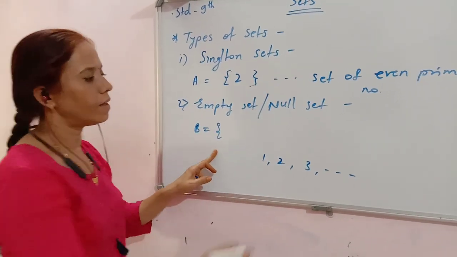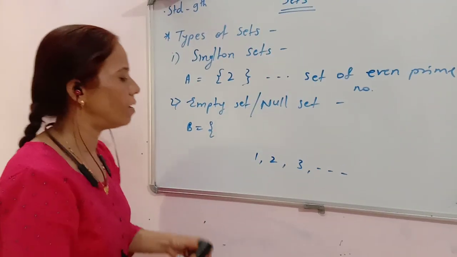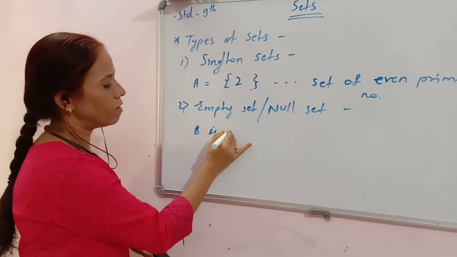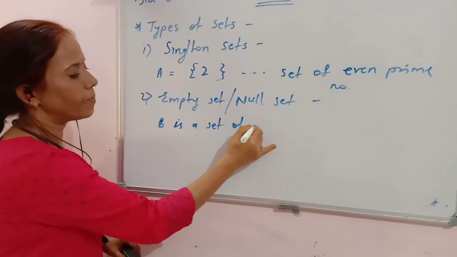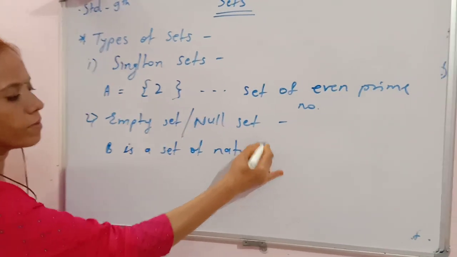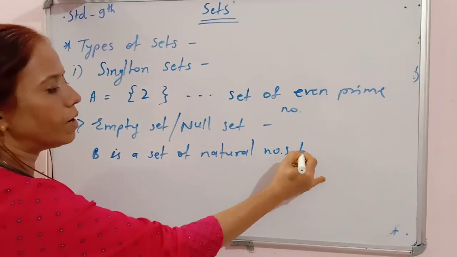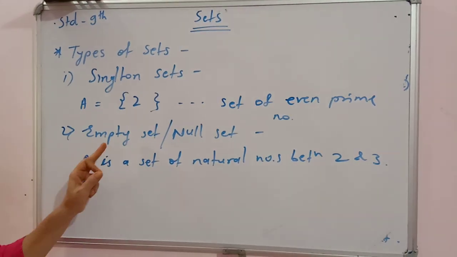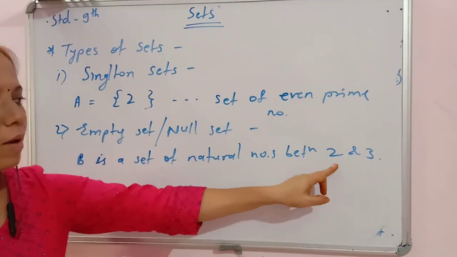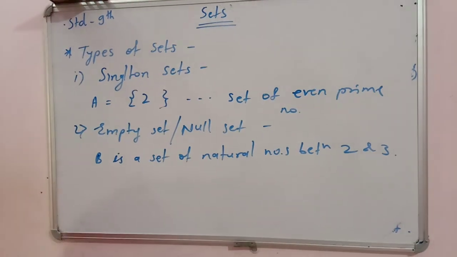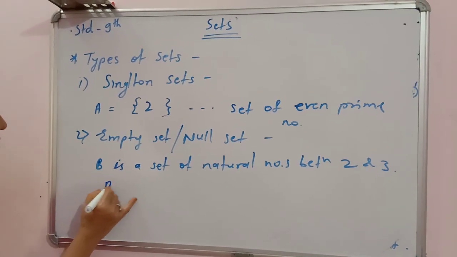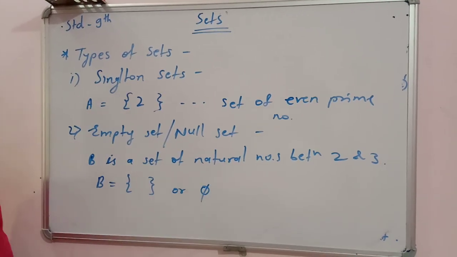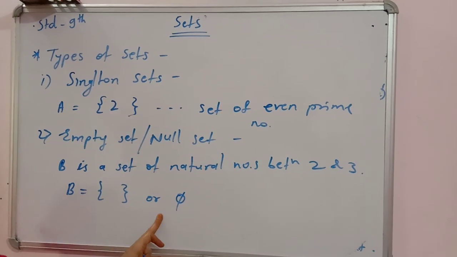So B is an empty set, because no natural number is present between 2 and 3. It is denoted like this, or phi.